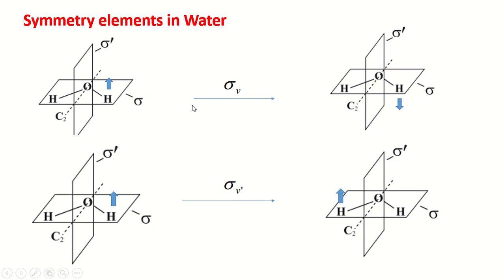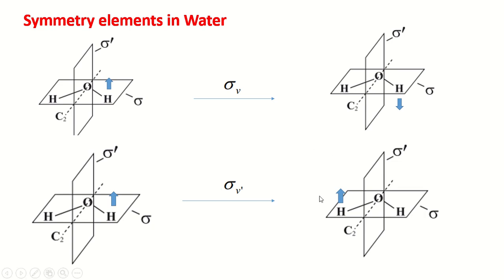So what will happen if we apply sigma v dash to this molecule? Sigma v dash is like this one. We can see this is a mirror image or plane of symmetry at this angle. If we apply a mirror image or plane of symmetry at this angle, this upward arrow will be observed on the other side but in the same direction, that is upward.